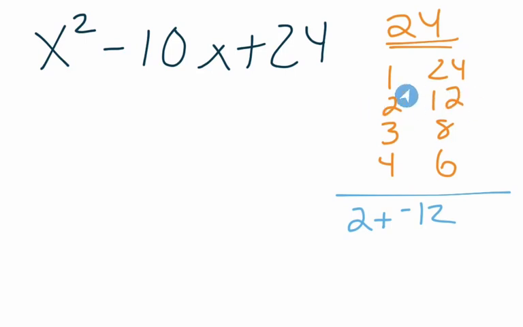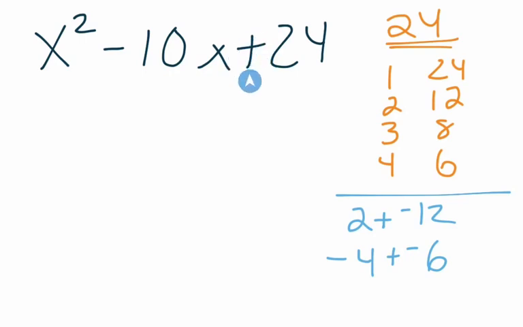Okay, and that's looking at this combination here, the 2 and the 12. You can get a negative 10 by doing a positive 2 and a negative 12. You can also get a negative 10 using the 4 and the 6 by doing negative 4 plus negative 6. So now we have to decide which one of those is the one that gives me this trinomial. And to figure it out, you've got to really pay attention to the 24.